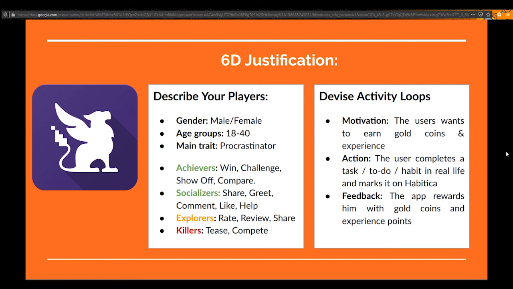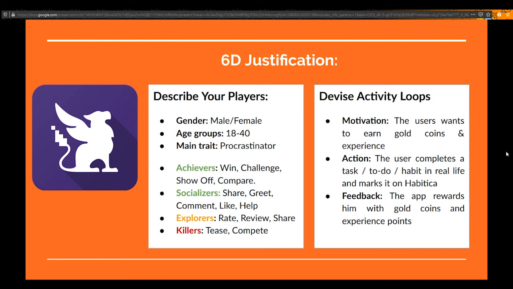Also, we used the Bartle model, and we related it to the actions that Habitica enables for the players. So, for example, it has a lot of achiever and socializer actions like winning, showing off, sharing, greeting, liking, helping other players.